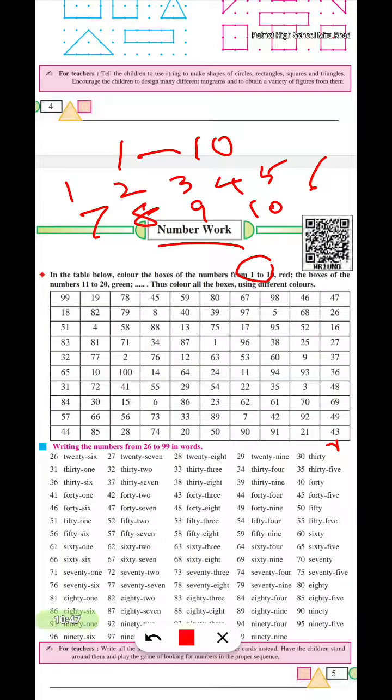So first row, not a single. Second row, yes, 8. Then the 5, we have 5 over here. 8, 5, red. Then 4, 4 will be red. Then the fourth row, 1.